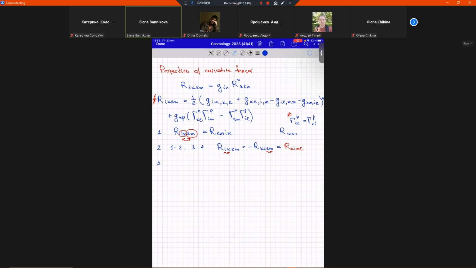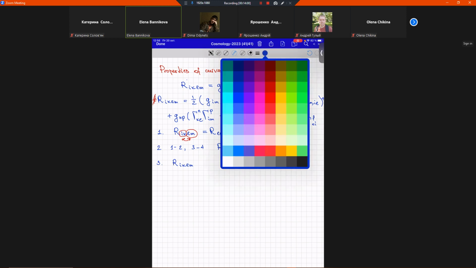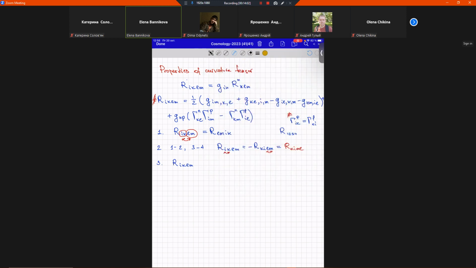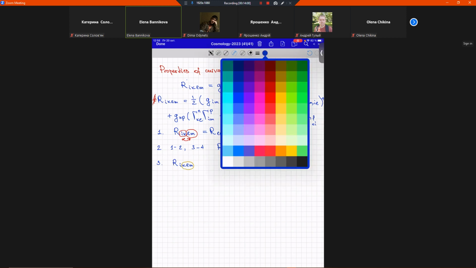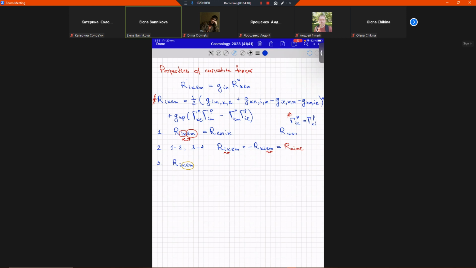So I will write it using a formula. If I have R_iklm, and for example, I choose these 3 indexes, and after this I make the cyclic permutation inside these 3 indexes.